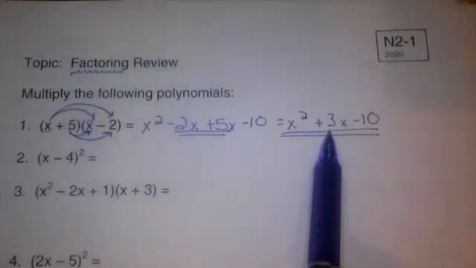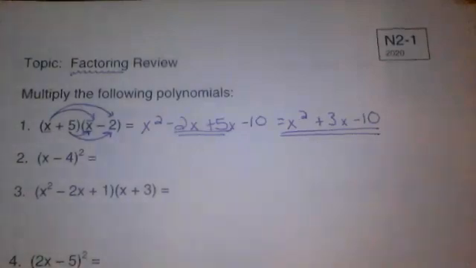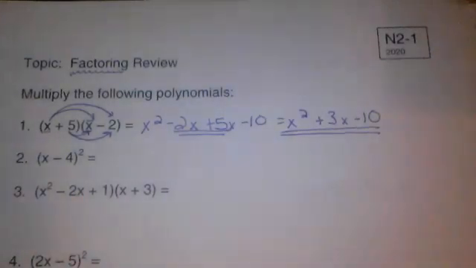There are lots of tricks to do this. Some people use the box method. There are other little charts that you have probably learned along the way. And if you know how to do those when we get to the factoring, that is great. You're welcome to use them. However, I am not going to teach you a trick.